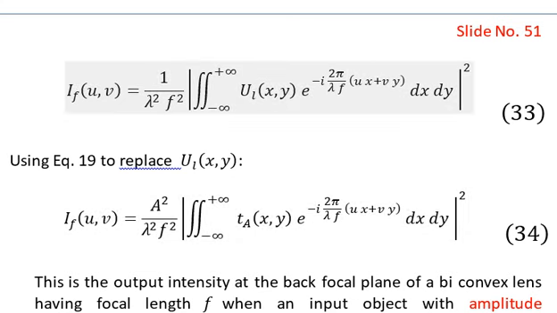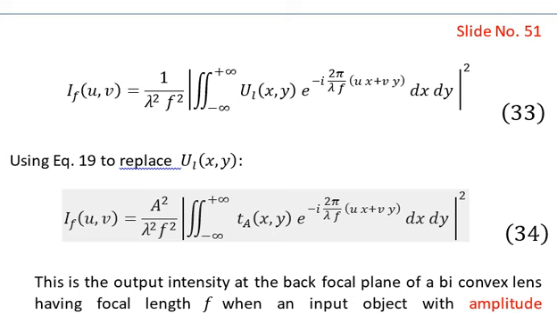So we can represent the field in terms of the object transmittance, and you know that the object transmittance was equal to A times tA. So A was taken outside, which becomes A square, and then we have tA, which is the amplitude transmittance of the input object, which was illuminated by a unit amplitude plane wave.